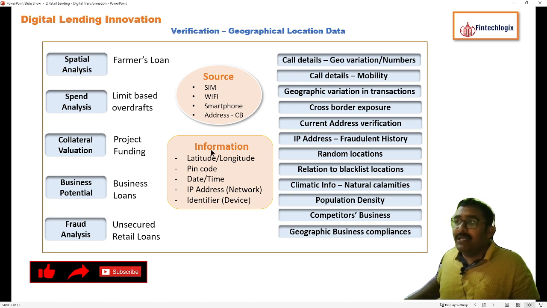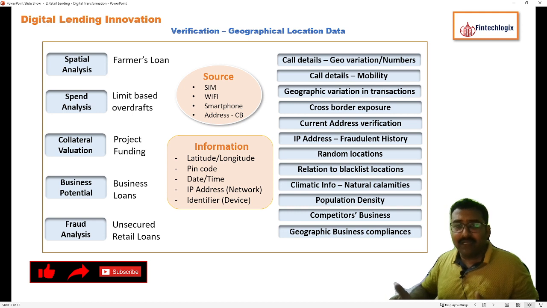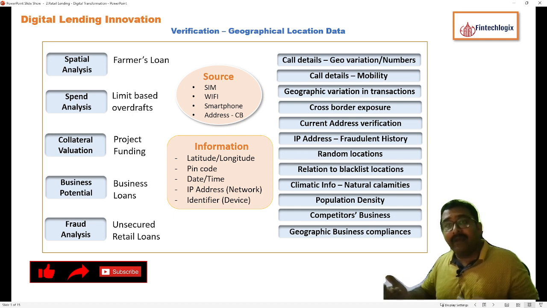Once I collect this information, I use it for multiple purposes, so I calculate multiple parameters from this. First, the geo variation: at the time of application submission, what is the customer's location versus the location in the address that he has given versus the customer's address in the official location.